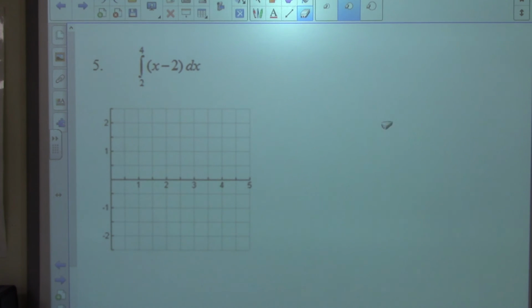Okay, number 5. Does anybody have number 5? Elizabeth, what do you have? So for the y, it's going to be 2 and 4. So 1 and 2, 4 and 2. So here we have y is equal to x minus 2. So here's the minus 2, slope of 1, so it's going to be like this, right? Yes.